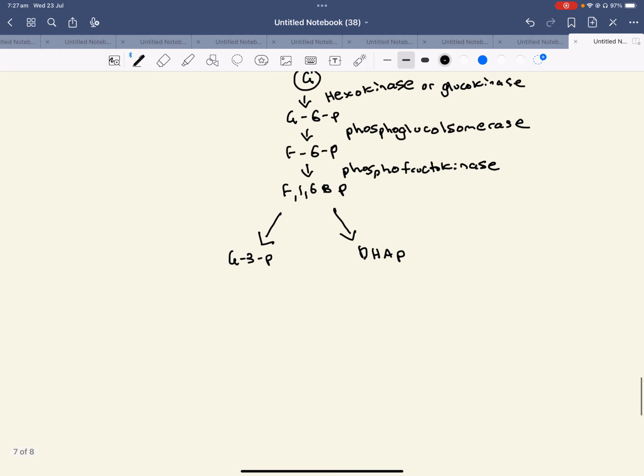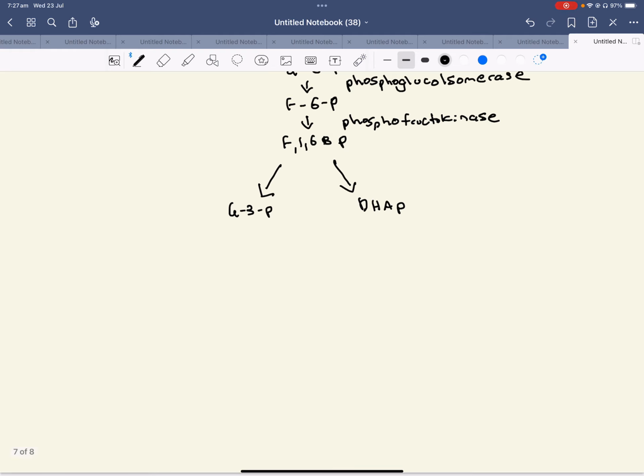Okay. Now to get from here to here, use aldolase. Glyceraldehyde 3-phosphate and DHAP. Now they are interchangeable. They're converted back and forth.